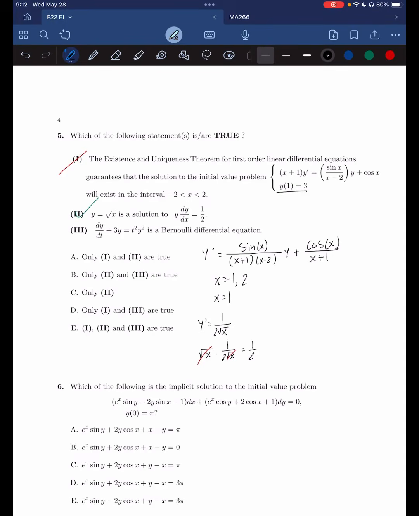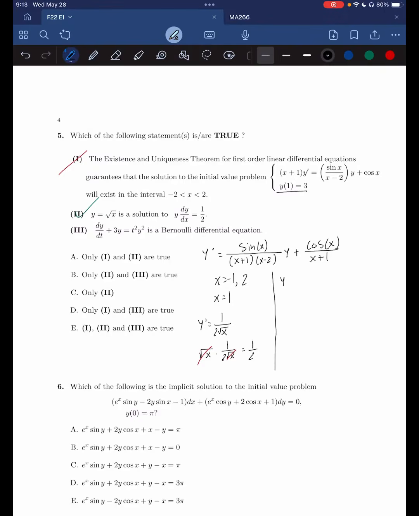And finally, dy dt plus 3y equals t squared y squared is a Bernoulli differential equation. This is very true. Why, you ask? Because I will show you in just 1 second. The classic setup for a Bernoulli equation looks something like this.